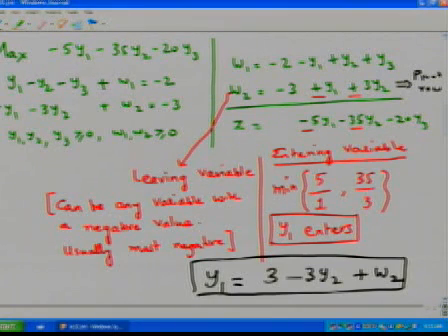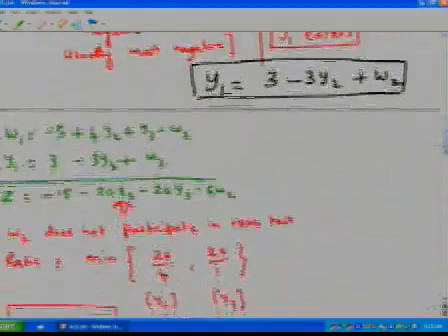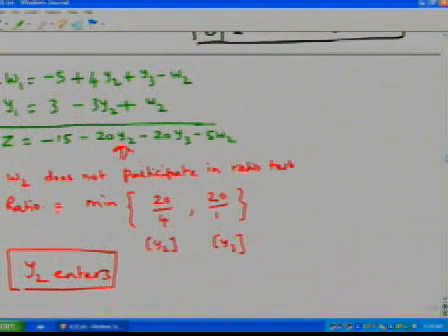Okay, so I'm going to use this value of Y1, and I'm going to express my new dictionary. So as you can see, Y1 is exactly the expression that I wrote down. The W1 and the Z now have their Y1s replaced by this expression, so that everything is now in terms of Y2, Y3, and W2.